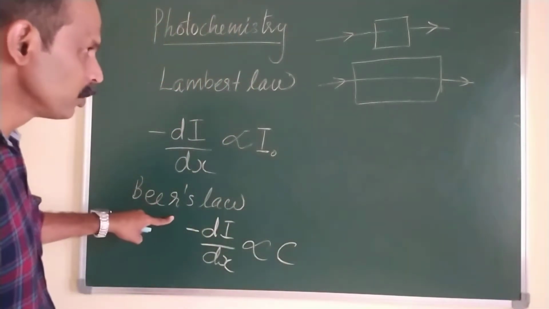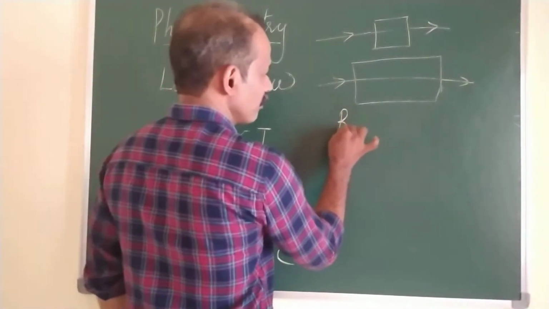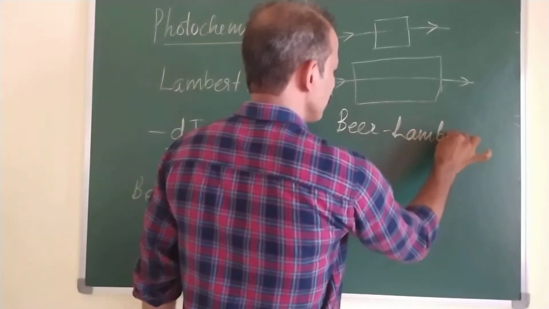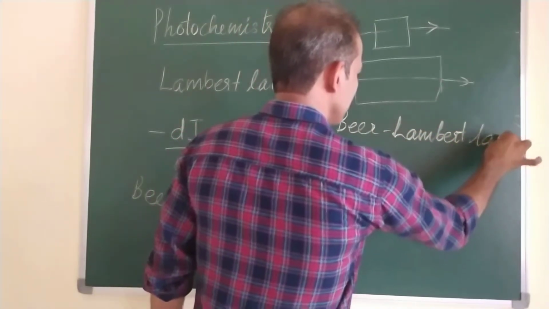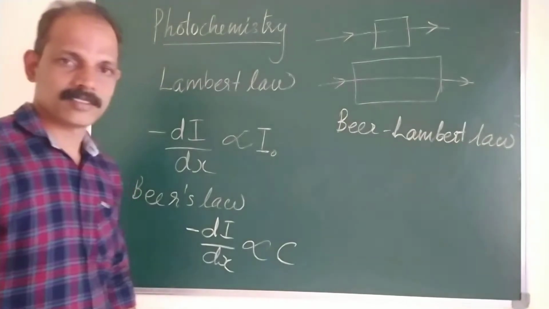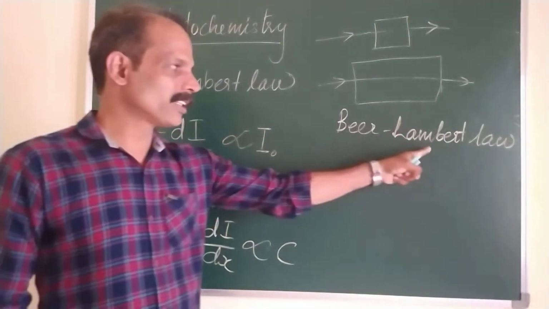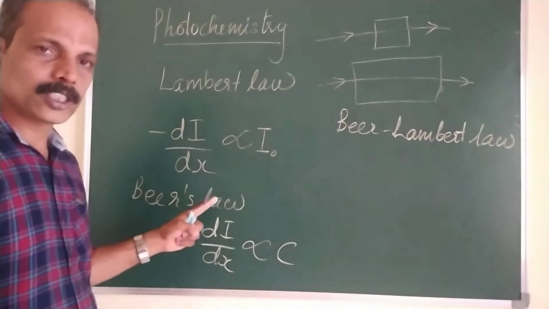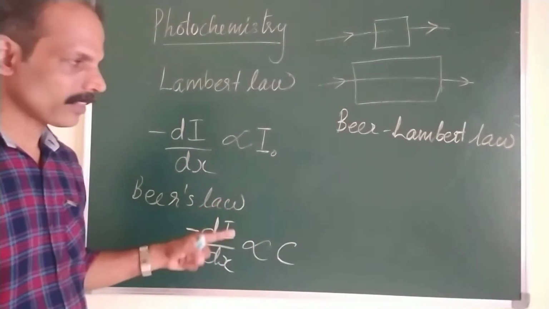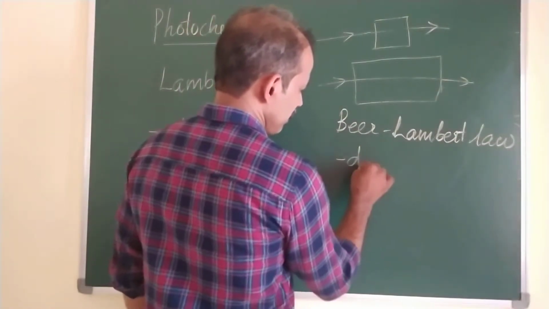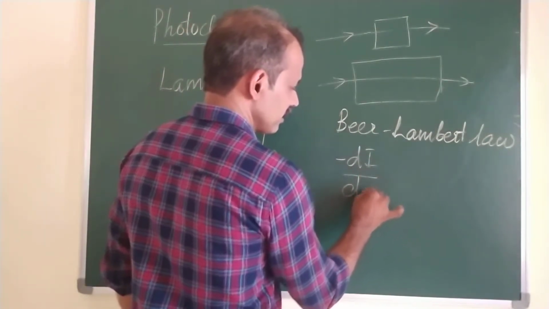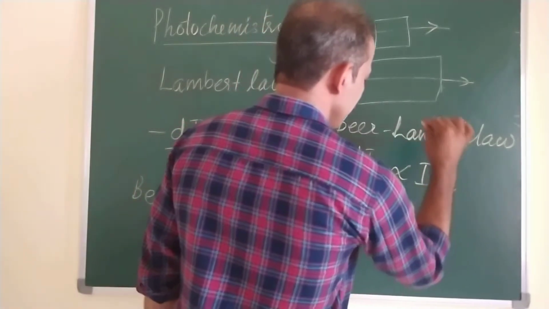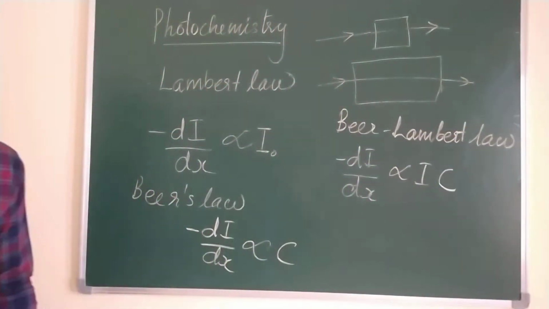So combining these two, we get the Beer-Lambert law. According to the Beer-Lambert law, the decrease in intensity with thickness is proportional to intensity and concentration.